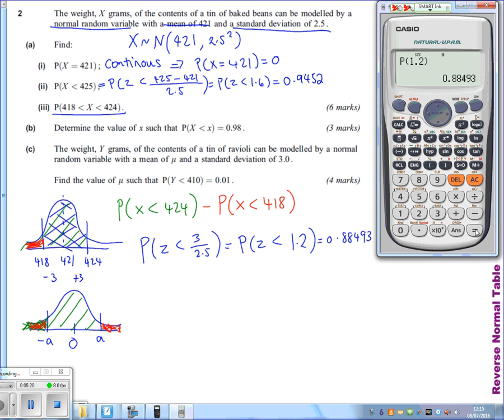So I need to take away from the value I've got 1 minus that value, because that's how I work out that red shaded bit there. So it's a bit counterintuitive, but as long as you're drawing a diagram, it should make sense.